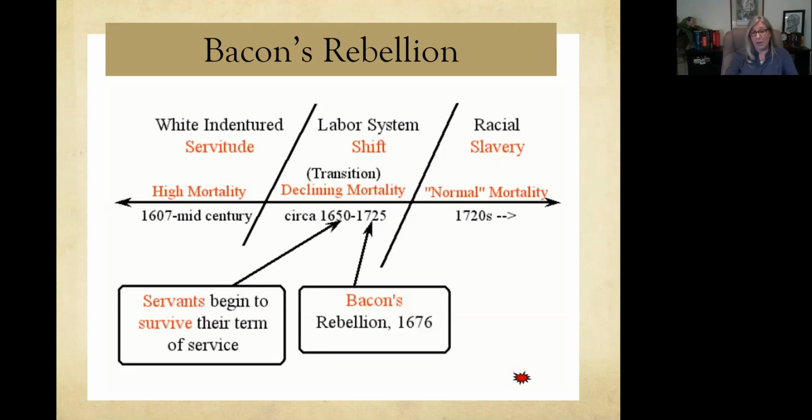demanding equal access, and the aristocrats are worried about it. Then they shift, instead of hiring indentured servants to come in and work for a short period of time, they're going to now invest in enslaved labor that will permanently work for them on their tobacco farms and plantations, and not have to worry about these lower classes of whites. But here's the shift.